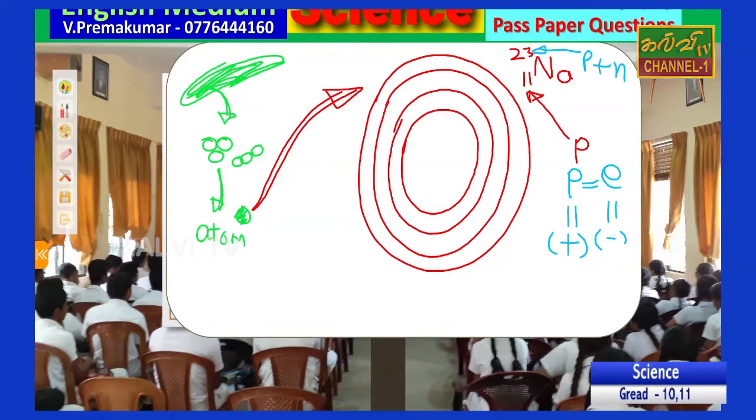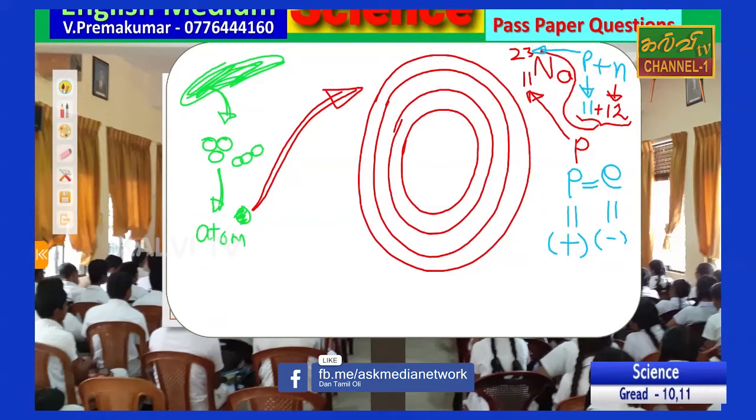If it is 23, the protons we already studied are 11. Therefore, the neutrons are 12, because 11 plus 12 equals 23.